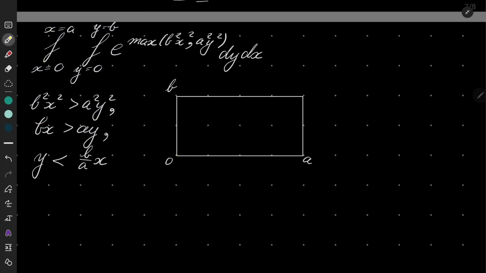Notice that the line where y equals b over a times x is exactly the line which includes the diagonal of our rectangle. Why is that? Because every line is uniquely established by two different points, and of course point 0, 0 satisfies our equation, and point (a, b) also satisfies it.